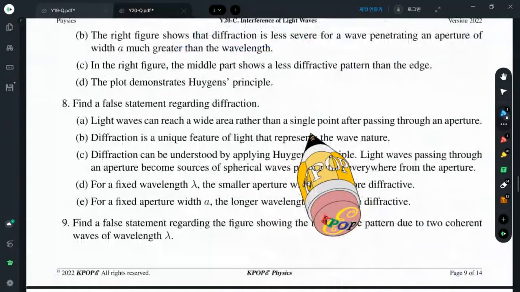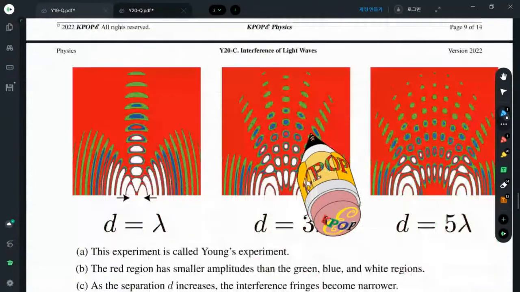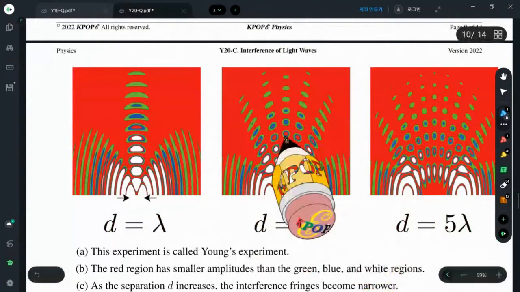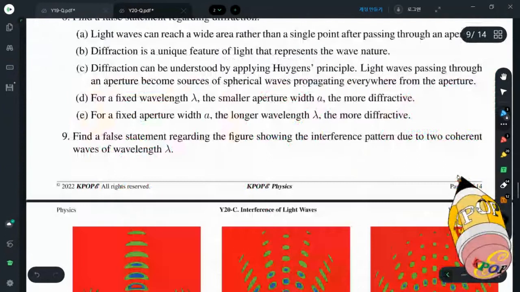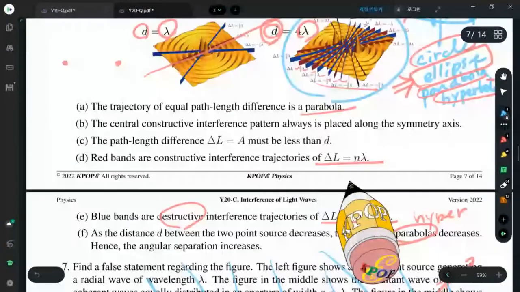Okay. These are examples of what we have discussed until now.